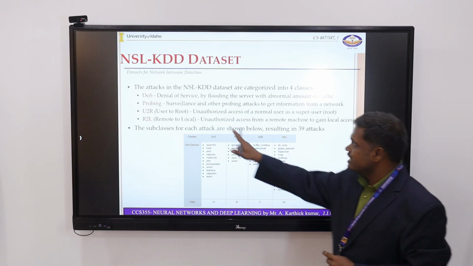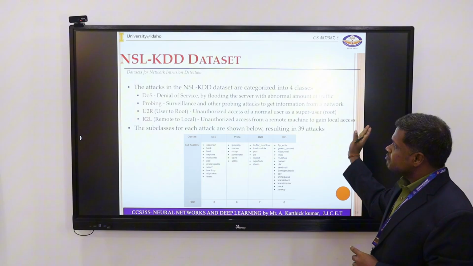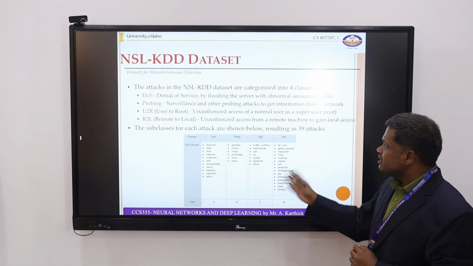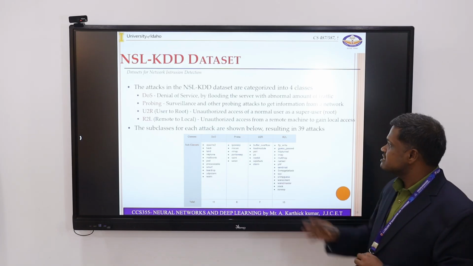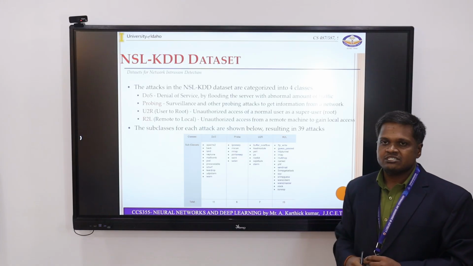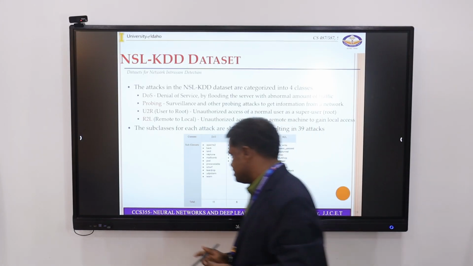That is called a denial of service attack. Probing attacks mean gathering information. U2R means unauthorized access, and R2L means remote machine to gain local access. These are all the attacks present in the NSL-KDD dataset.